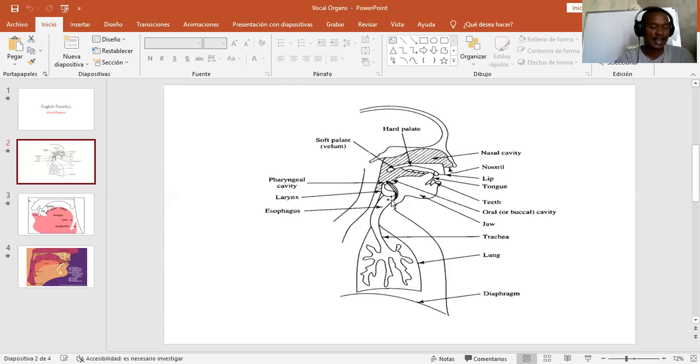The larynx also plays an important role in the initiation of the glottalic airstream mechanism. The pharynx: the role of the pharynx is resonance. It's like a resonance box.